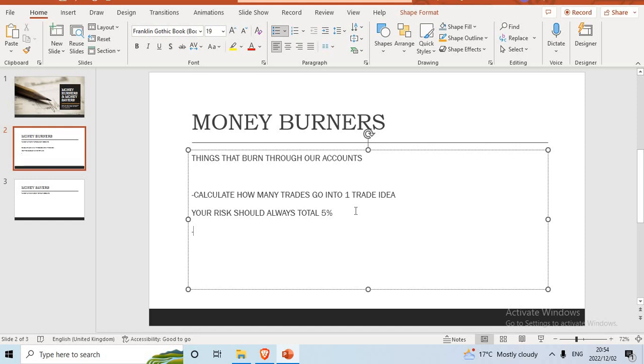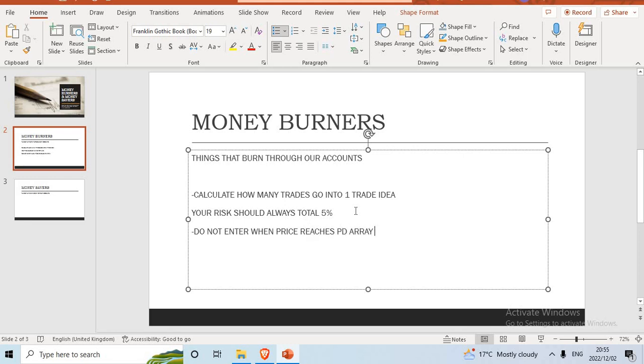The second one would be with PD arrays. This is a great one for people who are still stuck with PD arrays. Usually after a PD array hits, you want to enter, but you should not enter on the first hit of the PD array. Do not enter when price reaches the PD array.